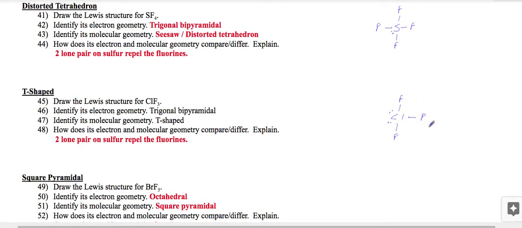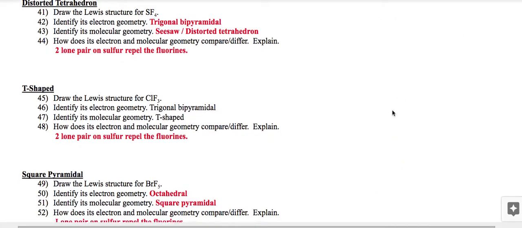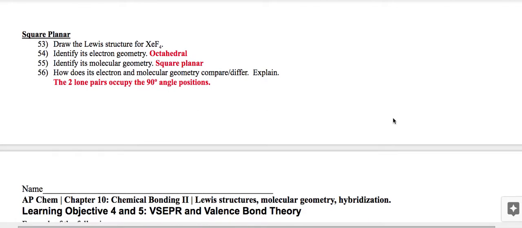So we have the 3 fluorines there and the extra sets of electrons forcing the fluorines into a T position. And then the bromine pentafluoride, we end up with a square pyramidal. So we have the square base and then the pyramid on the top because of those extra electrons there. Square planar is the last one.